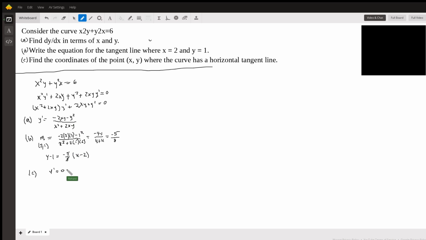So we're going to set that to 0. So you're going to get, let's see, when we set that to 0, we're going to get y squared. Let's see, I'm trying to find my work here.